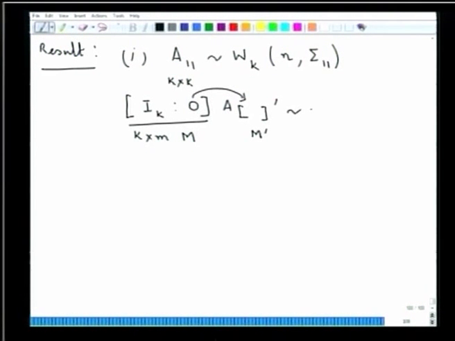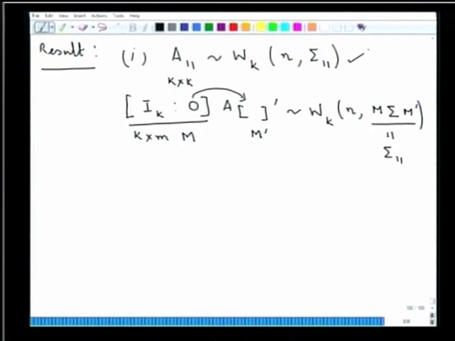So this will follow a Wishart distribution on k dimensions, degrees of freedom remaining n, and the associated variance covariance matrix as M sigma M prime. Now what is this going to be equal to? For sigma partitioned as sigma 11, sigma 12, sigma 21, sigma 22, this is going to just be equal to sigma 11. So this partition, A11, derived from the original Wishart matrix, will have a Wishart distribution, W_k(n, sigma 11).